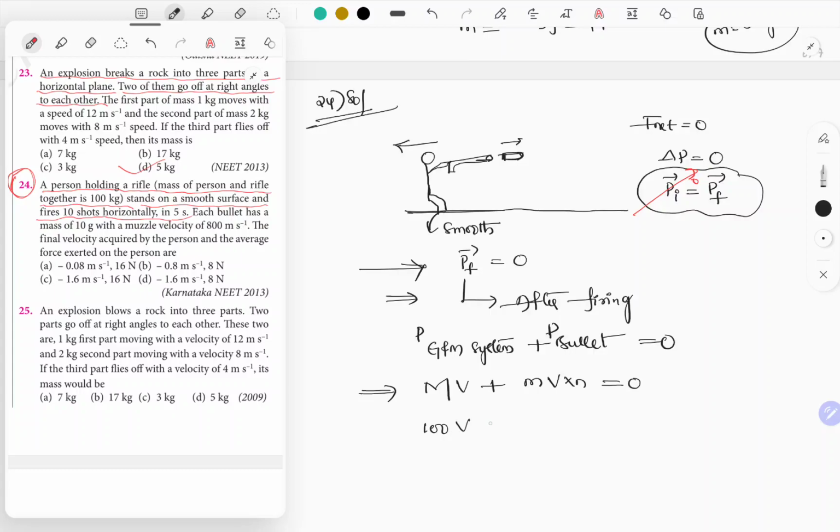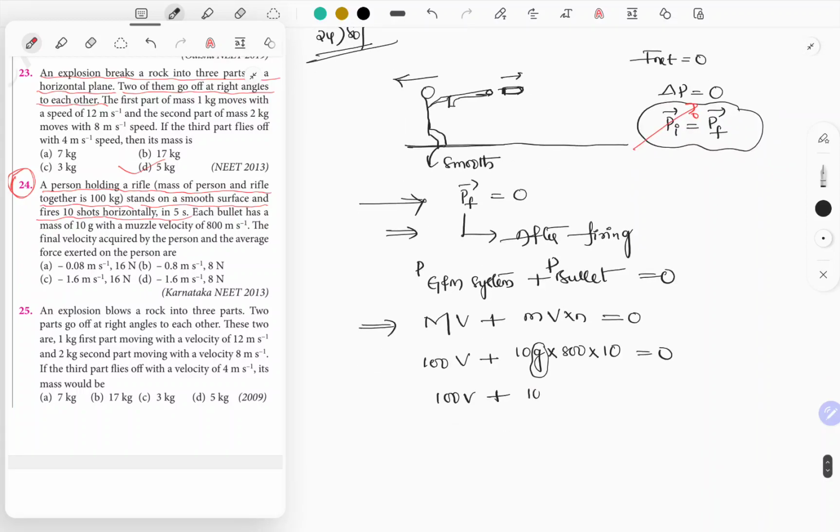So 100 into V plus, what's the mass of each bullet? Mass of each bullet is 10 grams, into velocity is going to be 800, into how many bullets are coming out? 10. So convert 10 grams into kgs. Let me convert that. 100 V plus 10 into 10 power minus 3, right?